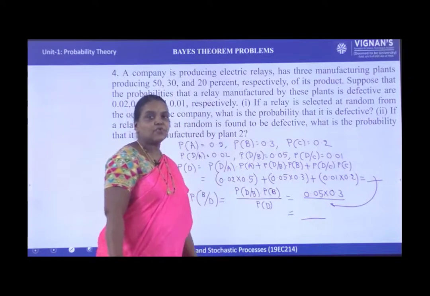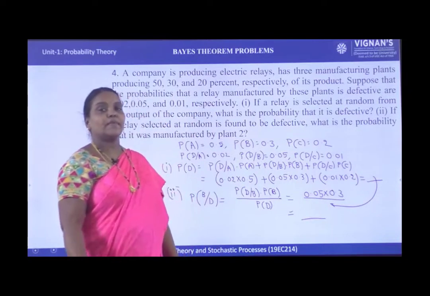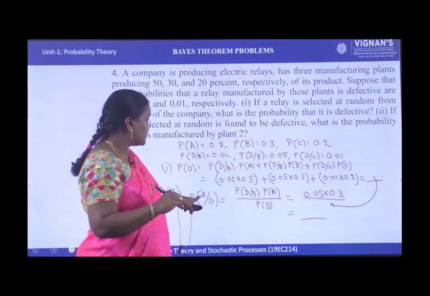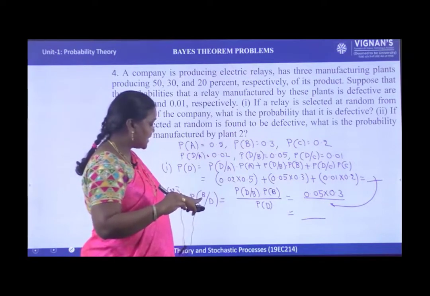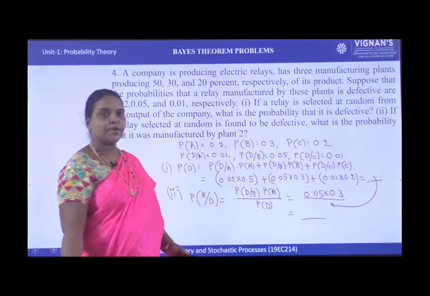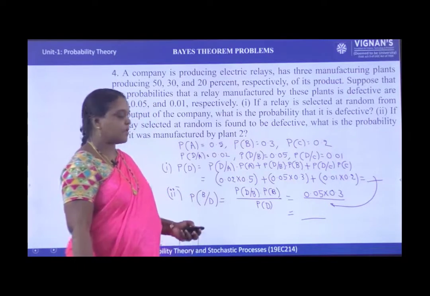So, that will give you the probability of the item which is selected from the second plant if it is already defective. Okay. Now, let us see the next problem.